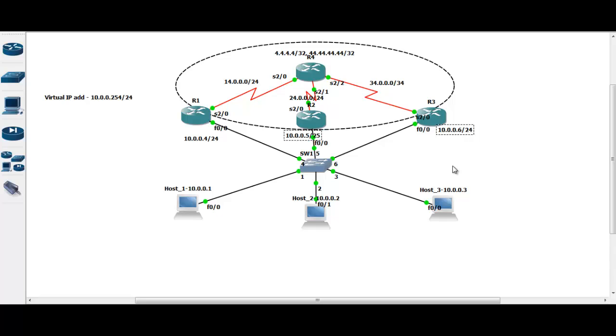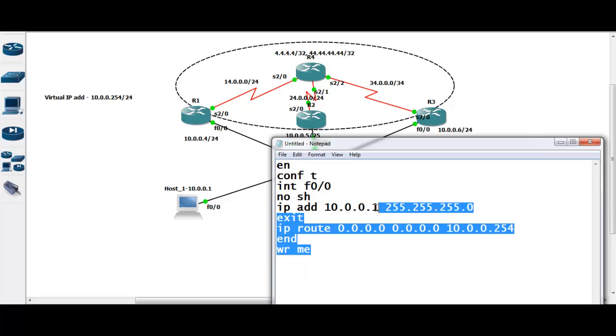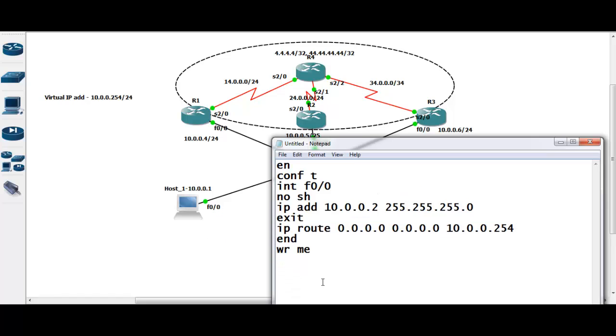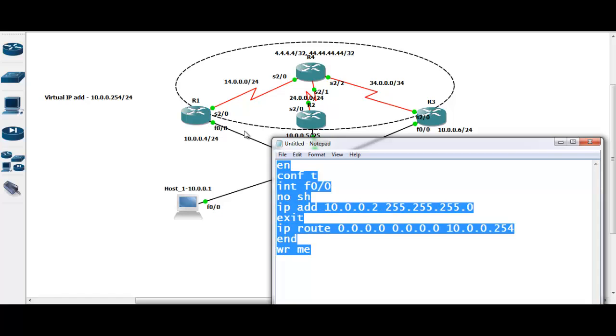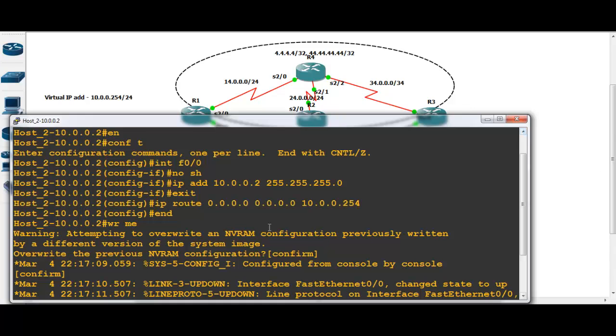We'll do them one by one. For host 2, I just change one number, and that becomes the IP address of the second host. I copy this and paste it to the next device. The virtual IP address can be any IP address in the same subnet.